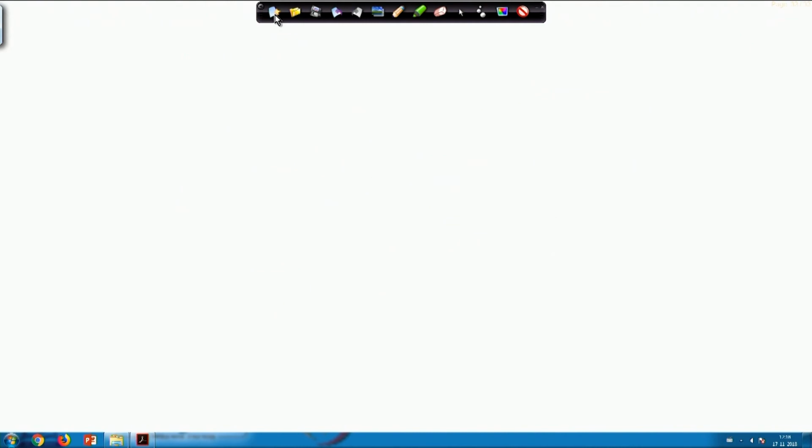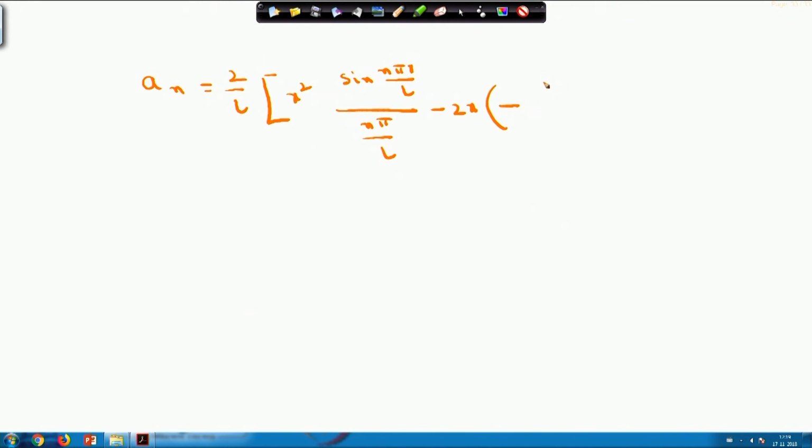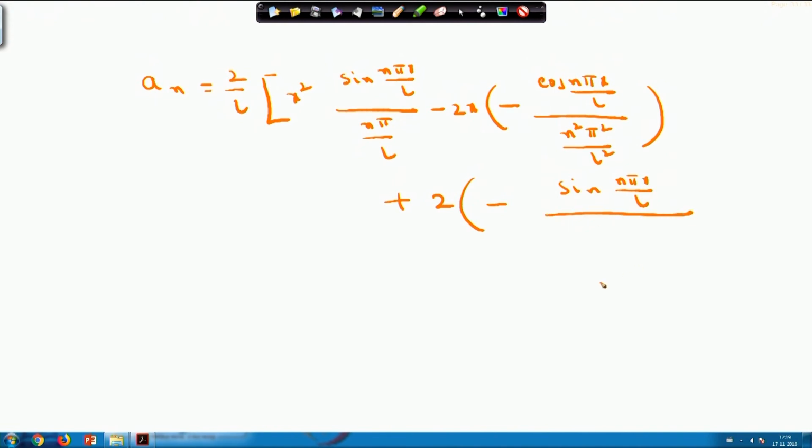So, that I will obtain my a_n, I can write down as 2 by L. This calculation will be a little complicated: sin of n pi x by L divided by n pi by L, minus twice x into minus cos of n pi x by L over n square pi square by L square, plus another term 2 into minus sin n pi x by L over n cube pi cube by L cube, and the limit will be from 0 to L.